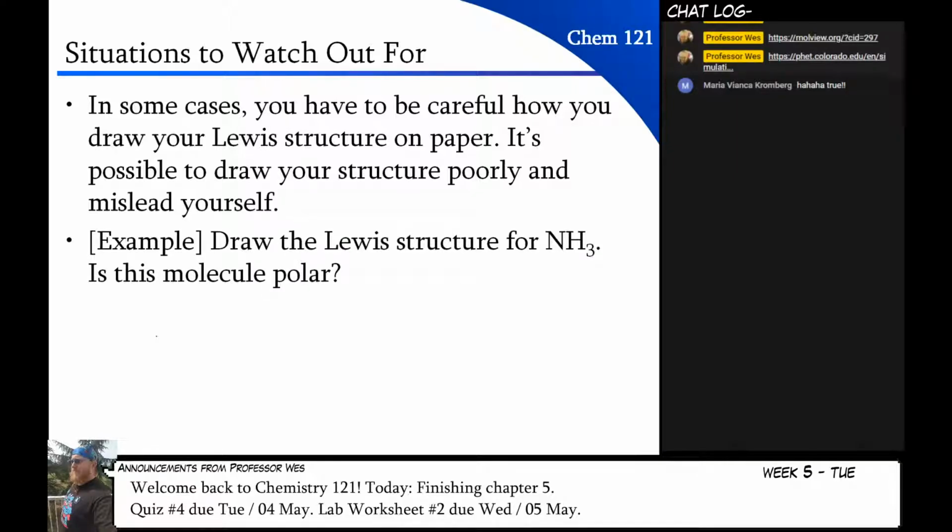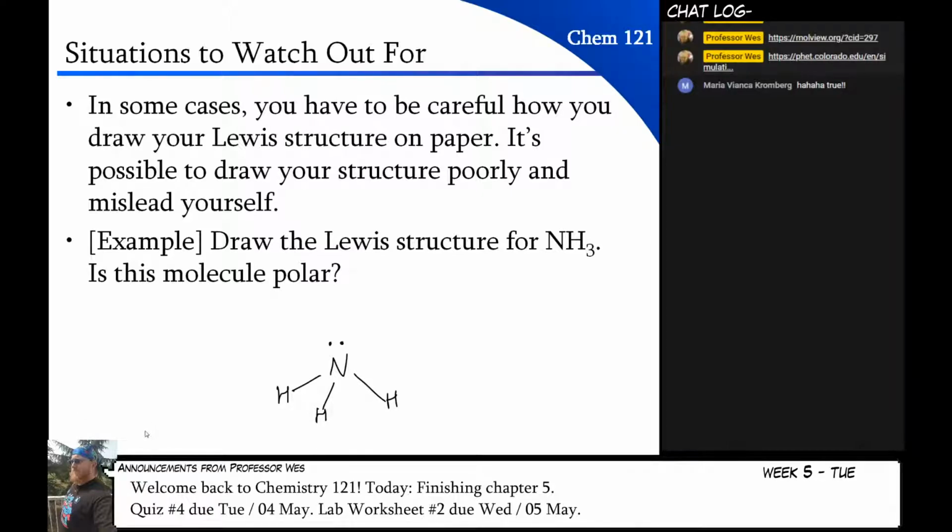So for example, is ammonia polar? So what I'm going to do is I'm going to try and draw ammonia to the best of my ability in 3D. So ammonia has a trigonal pyramidal molecular structure.